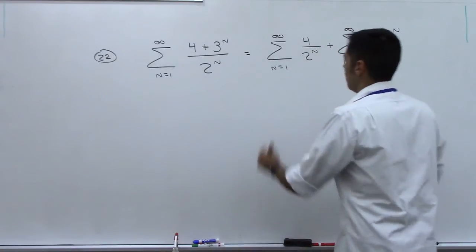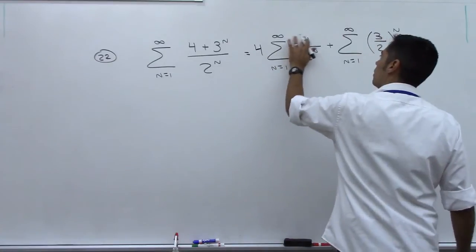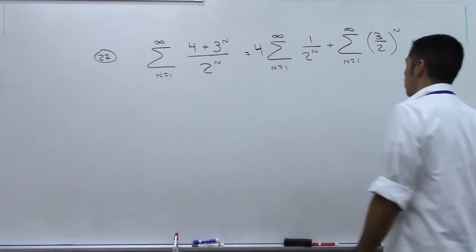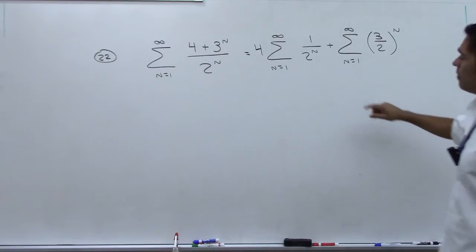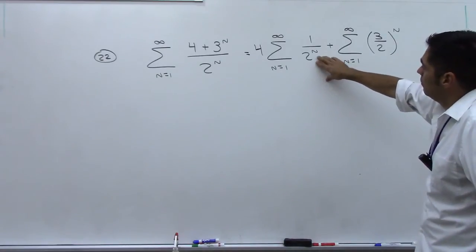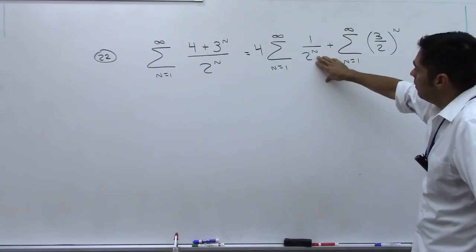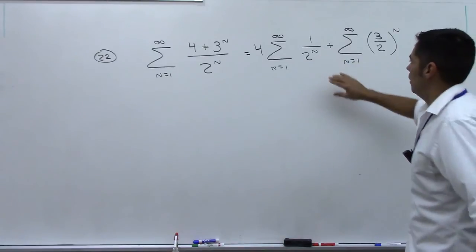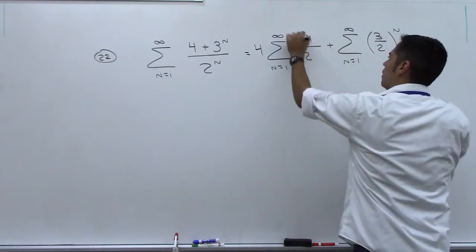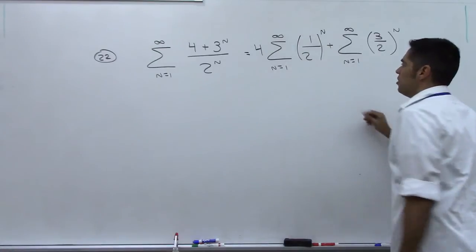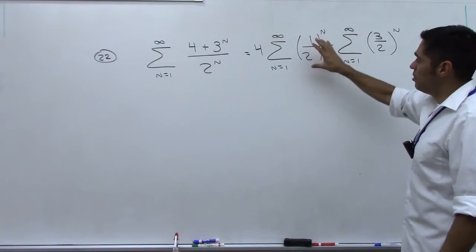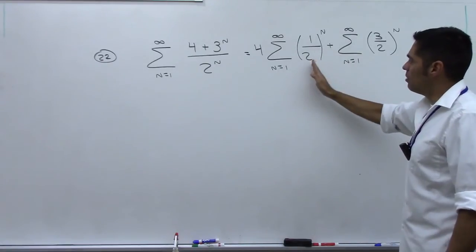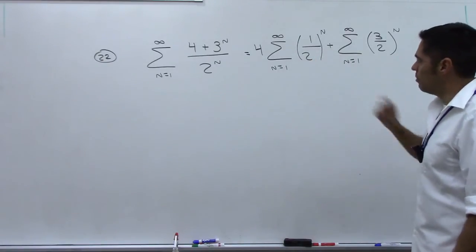And then over here, I could take this 4 out, make that a 1. Here's the problem I'm going to run into, though. Let me rewrite this: 1/2 to the n. That's a geometric series. I need to tweak it a little bit to get an n minus 1 here, but that's a geometric series. The r here is 1/2. That should converge, so that's okay.